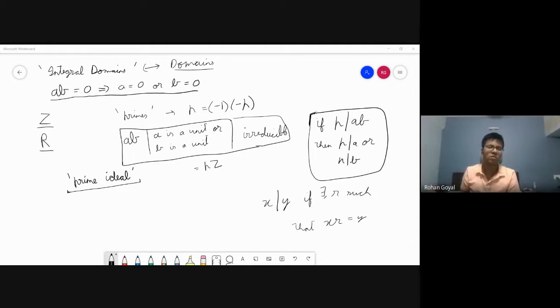How do you define division of rings? Sorry, division of ideals.